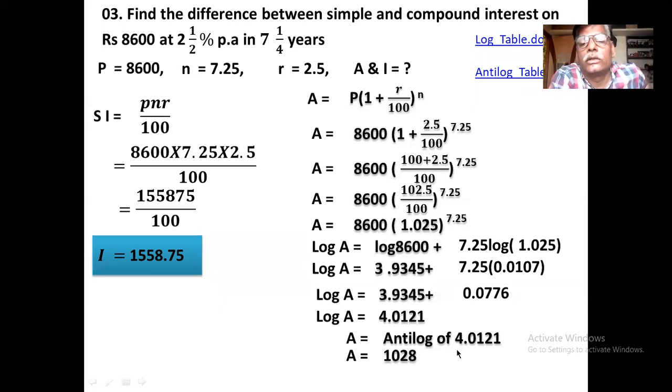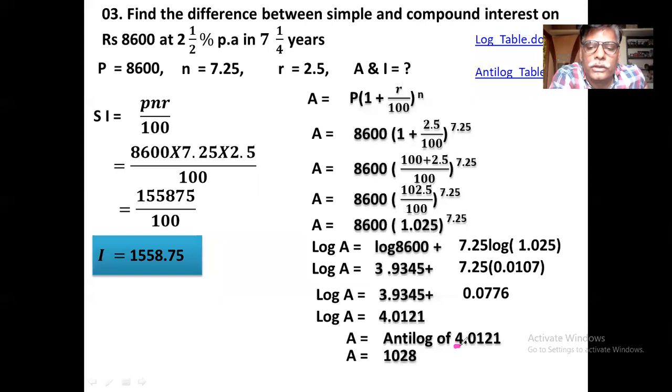You see the characteristic. What is the characteristic? Am I audible or not? What is the characteristic here? 4. 4 is the characteristic.